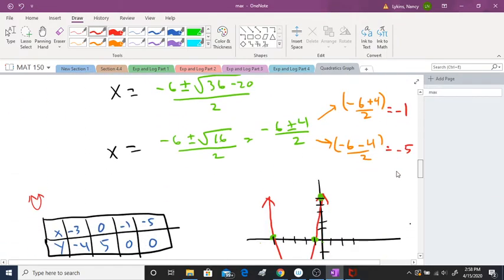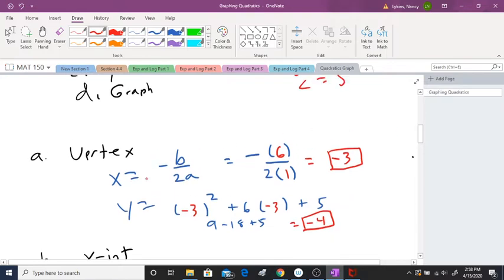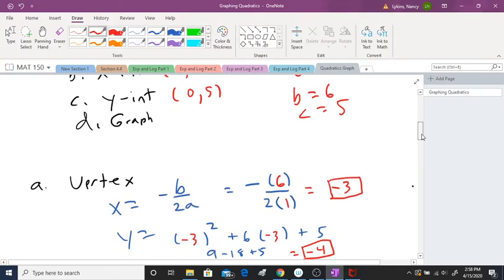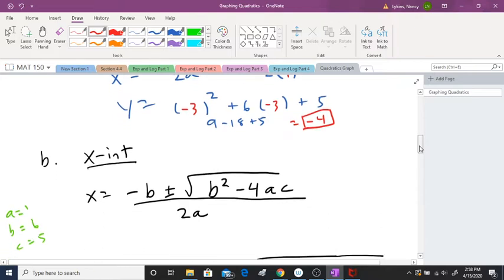Now, the vertex formula right here is x equals negative b over 2a. And then whatever you find x to be, you plug it into the original equation to get your y value for the vertex. The quadratic formula, which is negative b plus or minus the square root of b squared minus 4ac, over 2a, is to find my x-intercepts.